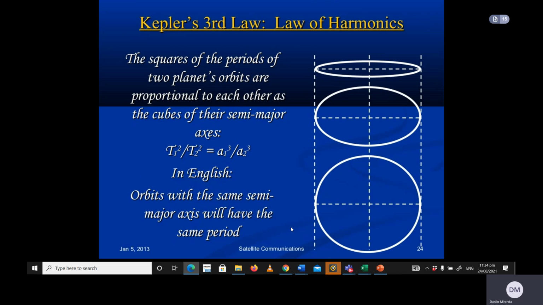And the third, T1 squared over T2 squared is equal to A1 cubed over A2 cubed, so they are directly proportional, where T is the period and A is the distance.